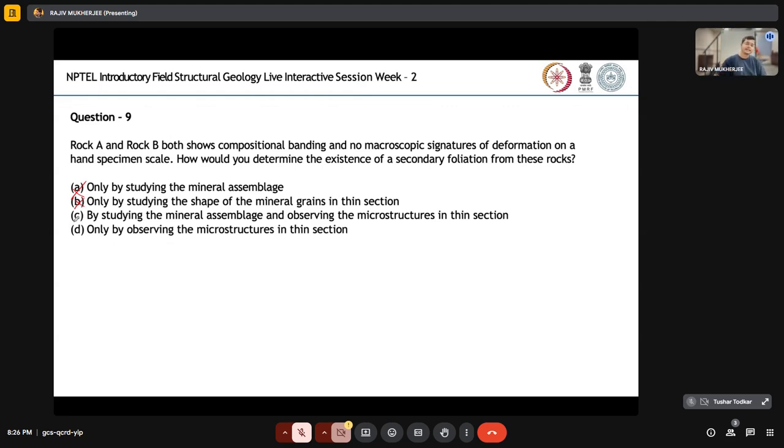So option C is the viable option, because just by observing the microstructure, you cannot identify how much metamorphism has taken place within the rock, and you need to also understand what kind of mineral assemblage is actually showing these microstructures that can confirm the existence of a secondary foliation plane, right? So option D is not that viable like option C.